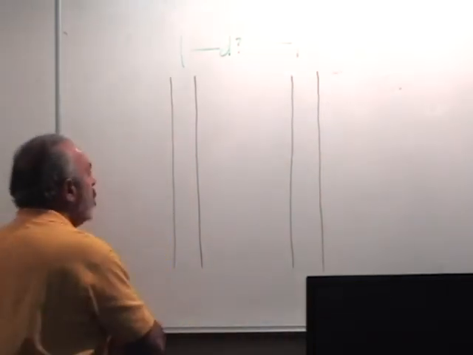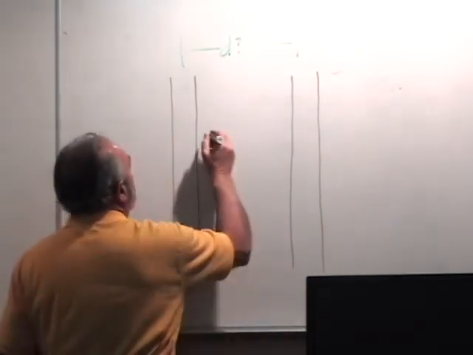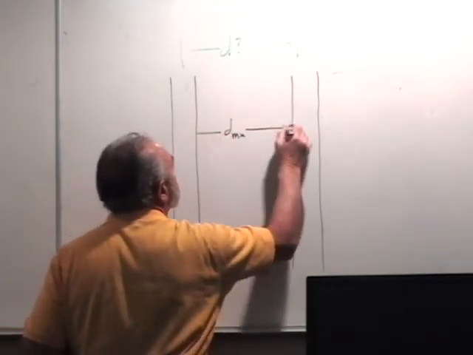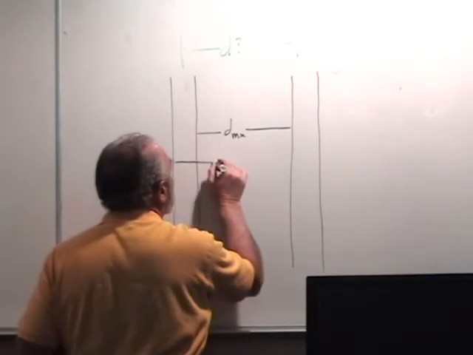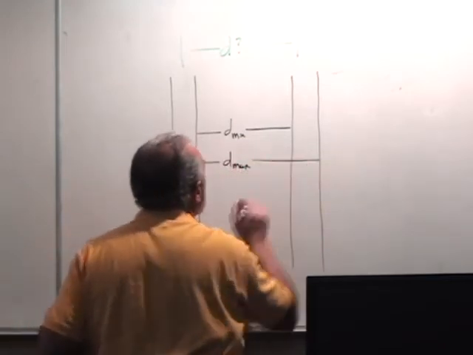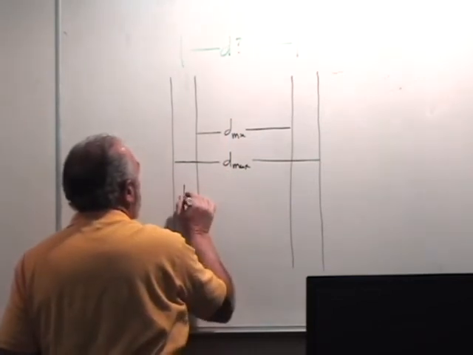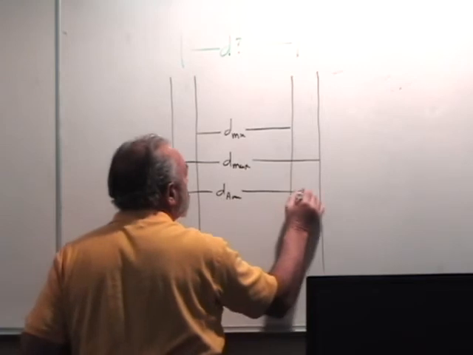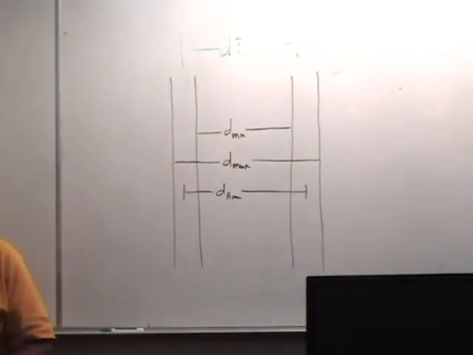It could be there's a d minimum, which I would call d min, and a maximum, which I'll call d max. And then this, which I will call d average. And how do we know which one to use? Well, you don't. You're an experimentalist. You don't know which one to use.